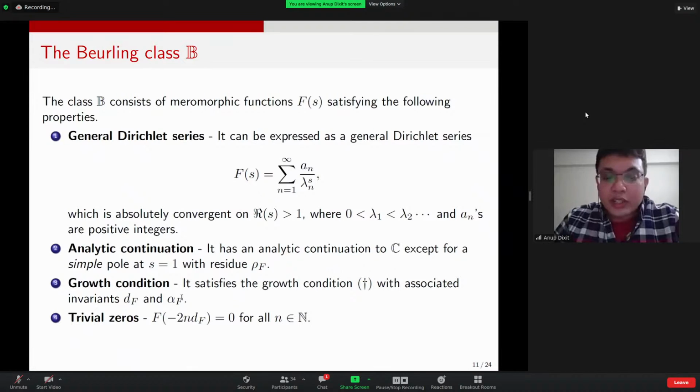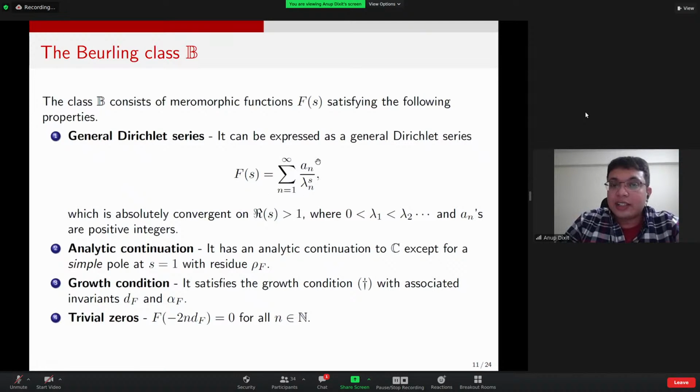Okay, so in order to state my main result, let me introduce this class B, which I will call the Berlinger class. Now, the Berlinger class consists of all those meromorphic functions that satisfy the following properties. It has the general Dirichlet series representation, summation n going from 1 to infinity of a_n over lambda_n to the s.